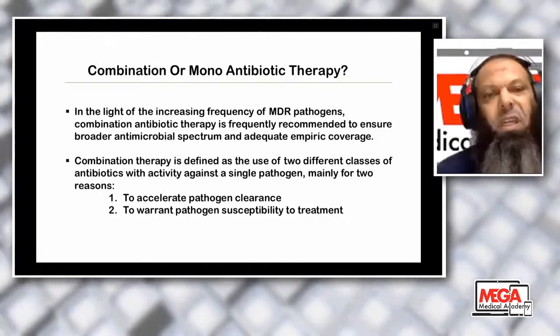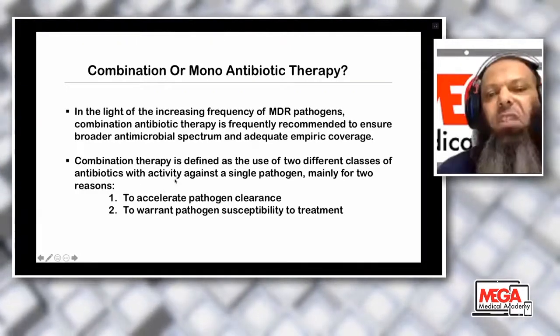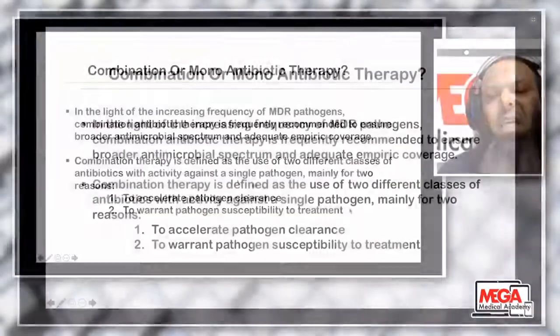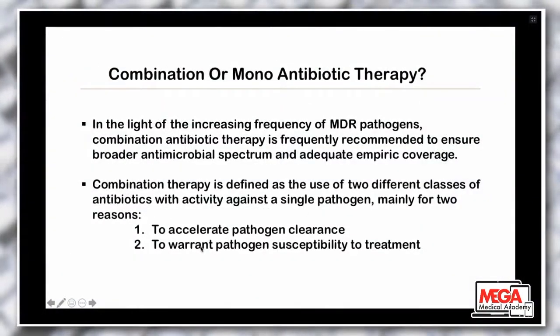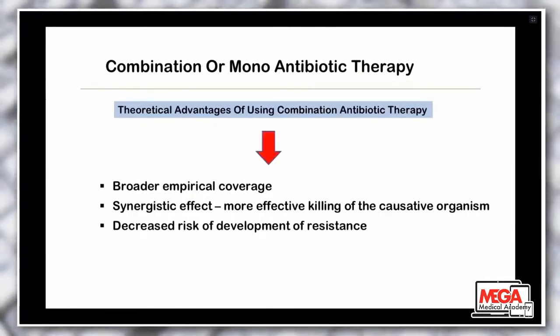But I will highlight because the combination therapy is defined as use of two different classes of antibiotics with activity against a single pathogen, mainly for two reasons: to accelerate pathogen clearance and to warrant pathogen susceptibility to treatment. What is the theoretical advantage of combination therapy? Broader empirical coverage, synergistic effect, decrease the risk of resistance.